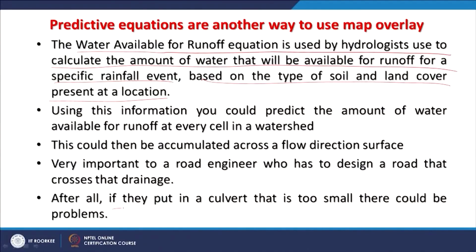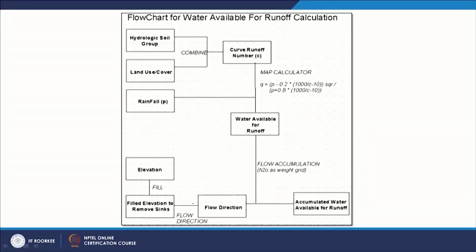After all, if they put in a culvert that is too small, there could be a problem. So, if estimations have been done properly through surface hydrologic modeling, then a proper design of culvert or a bridge will come.